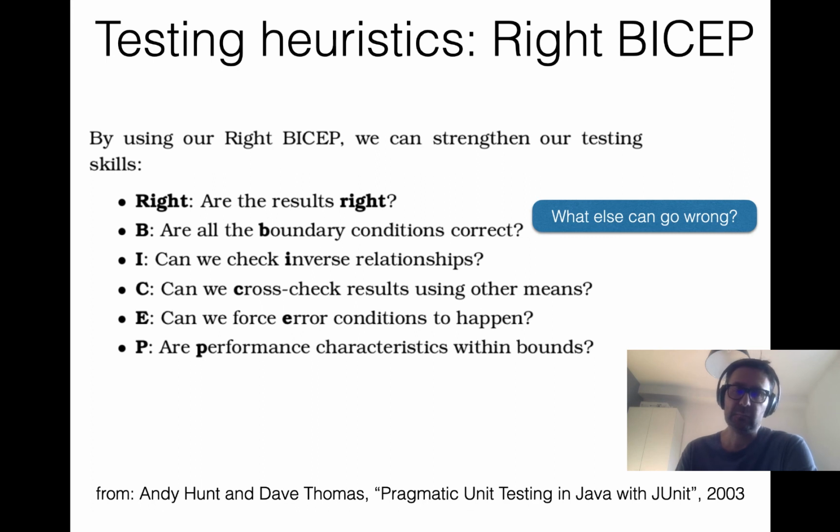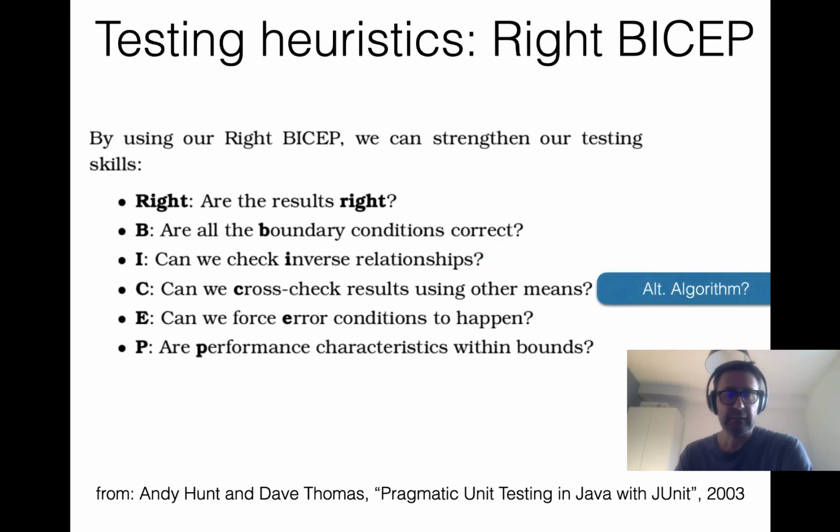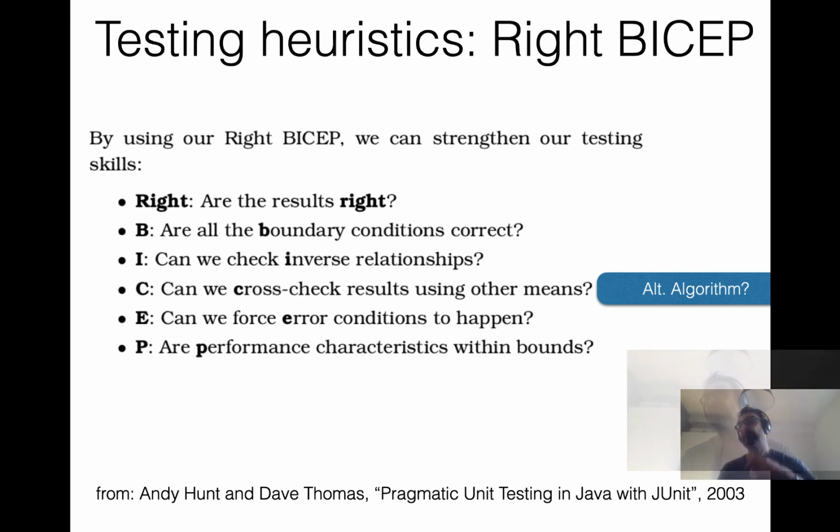The boundaries are what else can go wrong at the boundaries between different inputs. Logical inverse. I mean, if you can find very clean inverse relationships like add and delete, then you look at the state before and after and compare them. Is there an alternative algorithm? Even if you cannot find a competitor or an open source or some previous old version of the system, maybe there's a simpler algorithm to do what you're doing that you can compare on some of the inputs, even if it's not for everything, right?